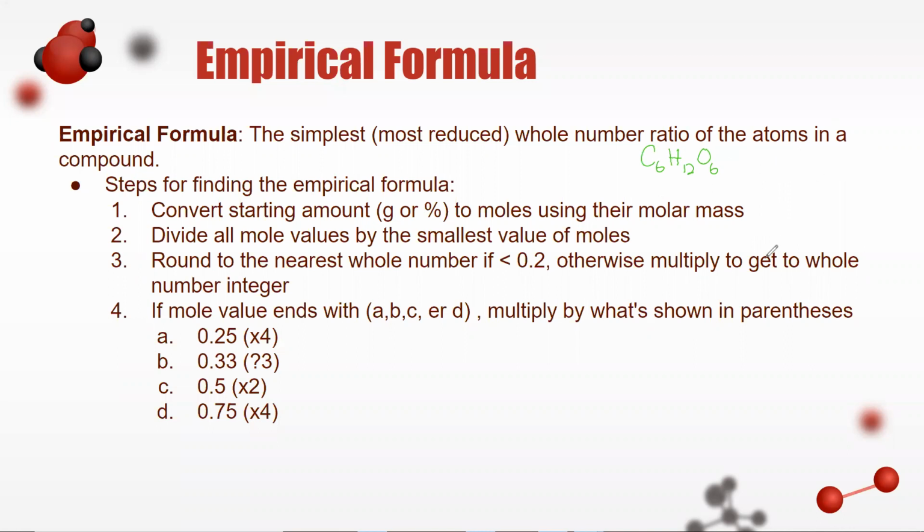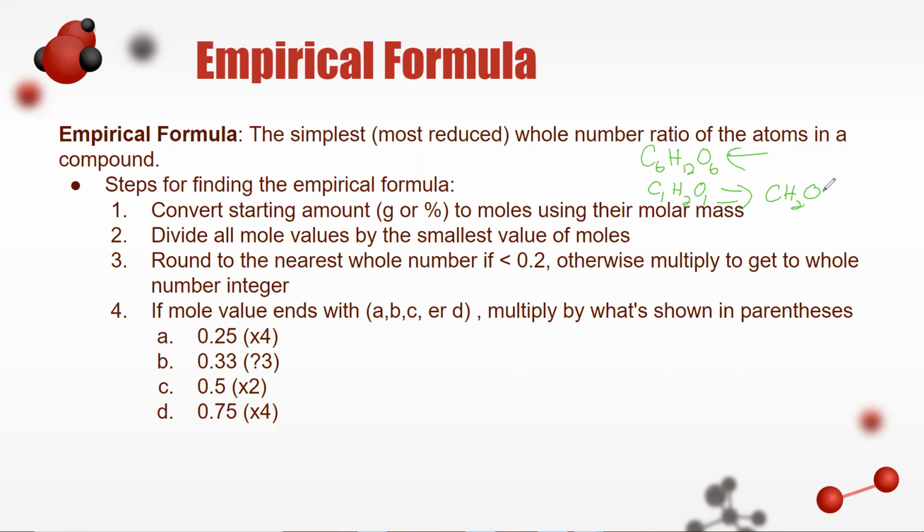That's the actual formula of that compound. But the ratio of carbon to hydrogen to oxygen is actually 1 to 2 to 1, right? So that's all it is. An empirical formula tells you the ratio of one atom to another in any particular compound. So we would write this empirical formula CH2O, but we know that that's not the real formula of glucose.